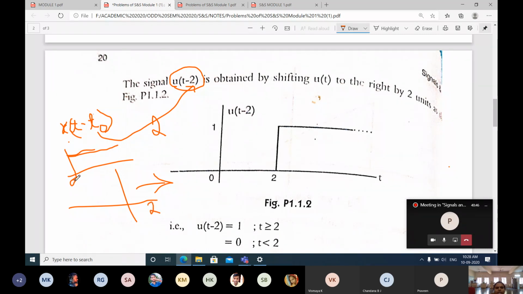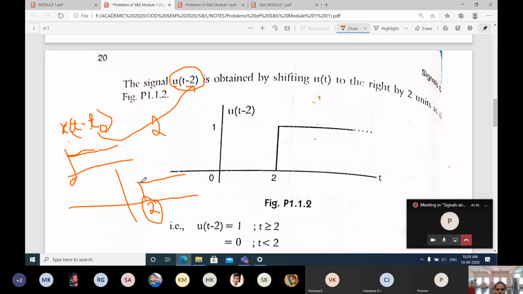Means instead of starting from 0, the unit step function will start after shifting from position 2. Instead of 0, it shifts 2 positions towards the right side, and the signal starts there.